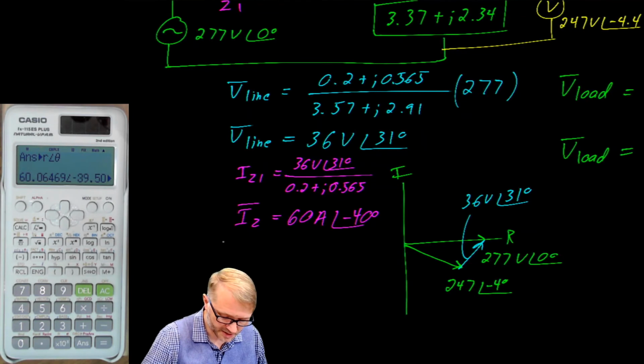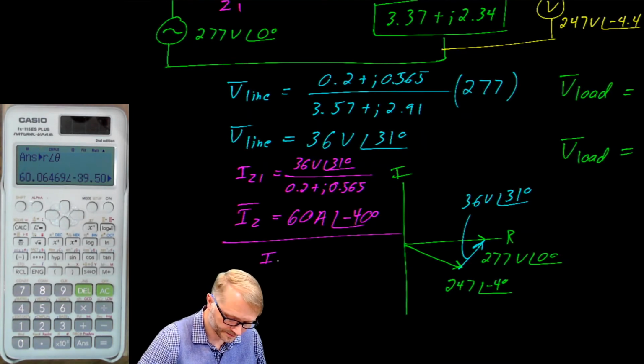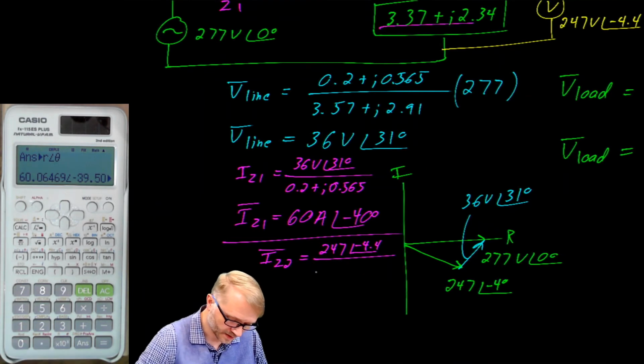We can take another shot at this by calculating the current on impedance 2. And that is 247 at a phase angle of -4.4 over 3.37 plus j2.34.